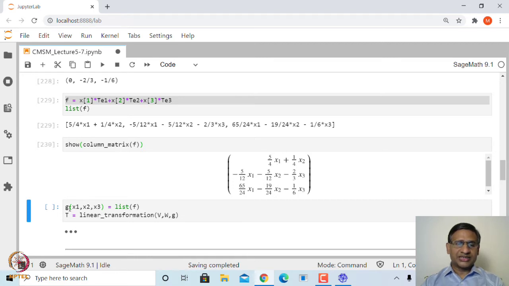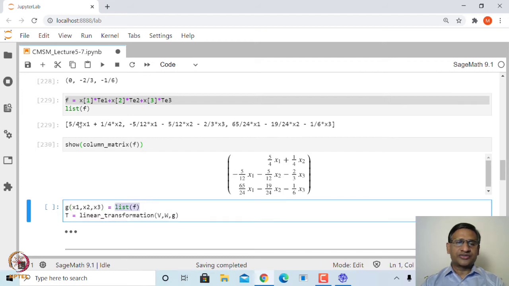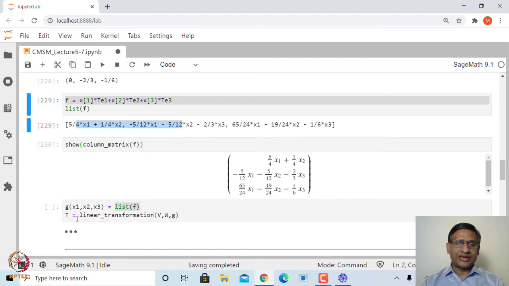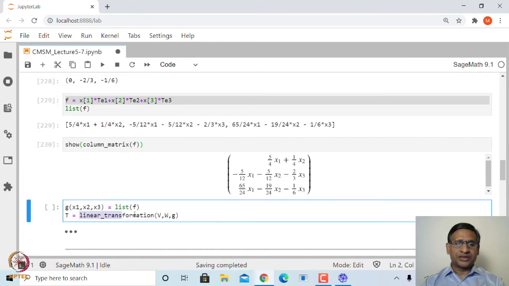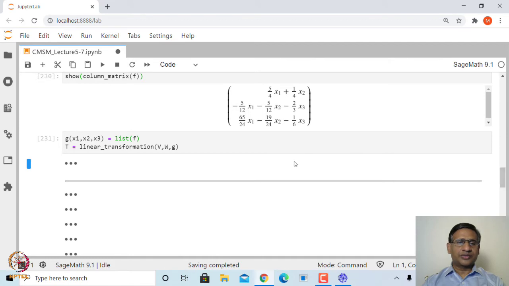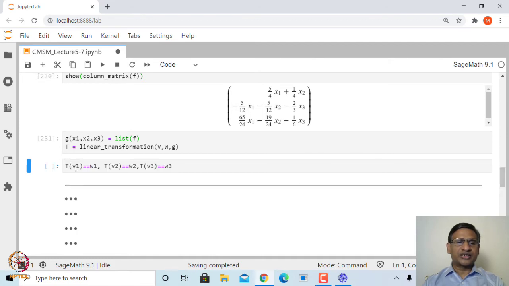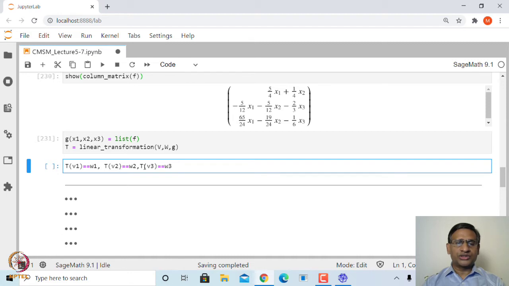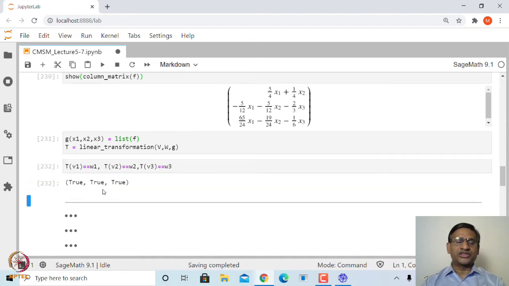So let us say G of x1, G of x2, G of x3 is list of F. This is the list, and then define a linear transformation T from V to W with this image as G. So that's the linear transformation. Now let us check whether T of V1 is equal to W1, T of V2 is equal to W2, and T of V3 should be equal to W3, and the answer is true.